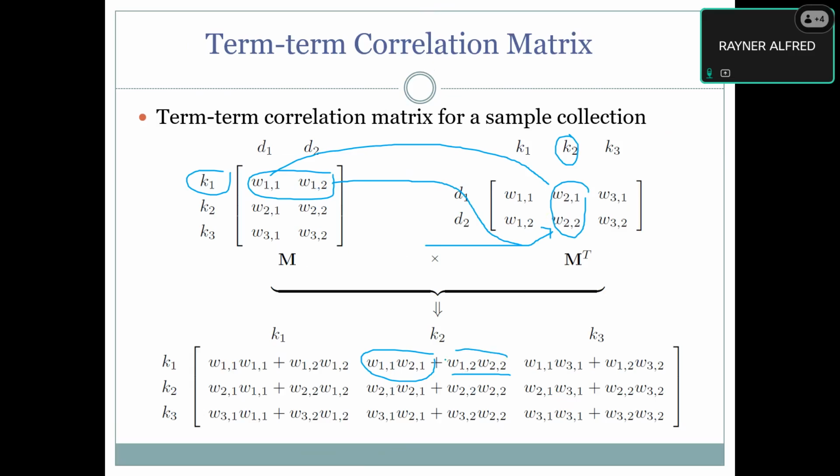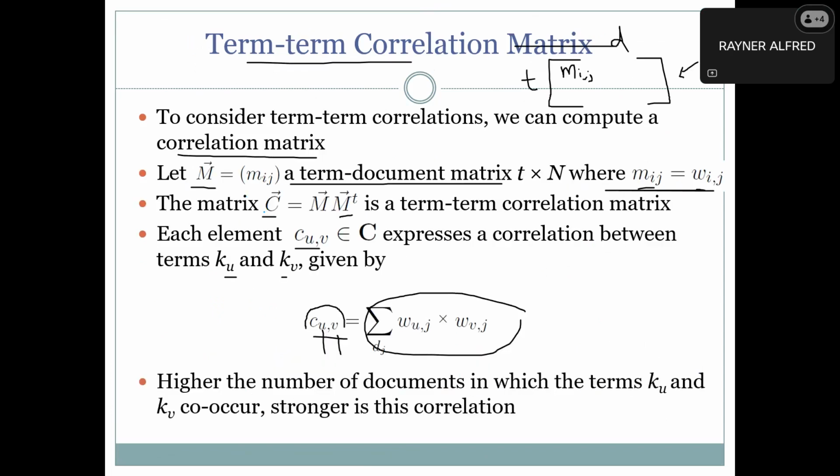Okay, so we have this. This number represents the correlation between K1 and K2. Once we build this, we have this matrix C. That is the matrix C that we have here.